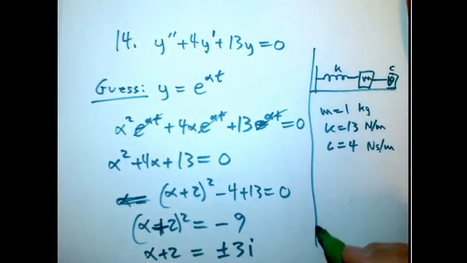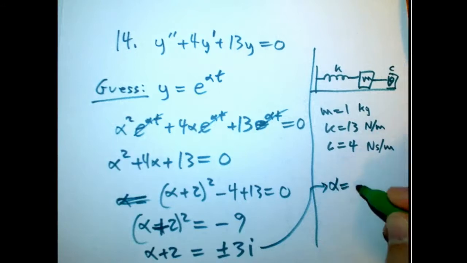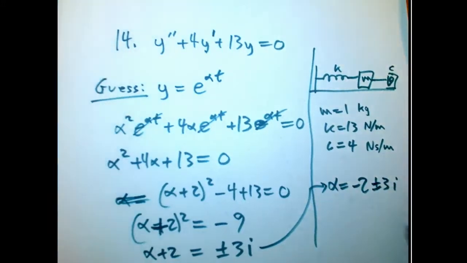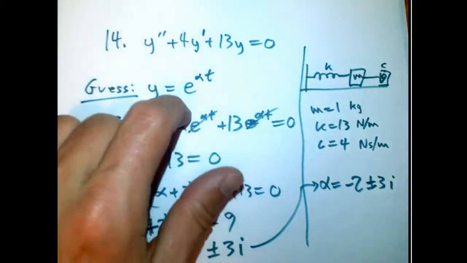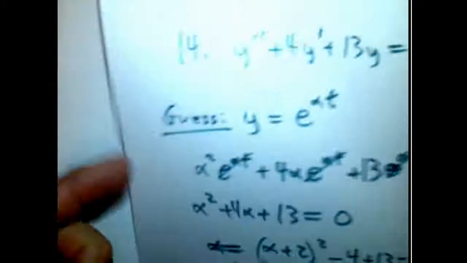Okay? And again, the point I want to harp on is that we're not just going to sit on that. We're going to use it, and it's going to come back to real numbers eventually. Okay, let's scoot it over here. Alpha equals minus 2 plus or minus 3i. And that's going to produce 2 viable guesses, and we're going to combine them with linearity.